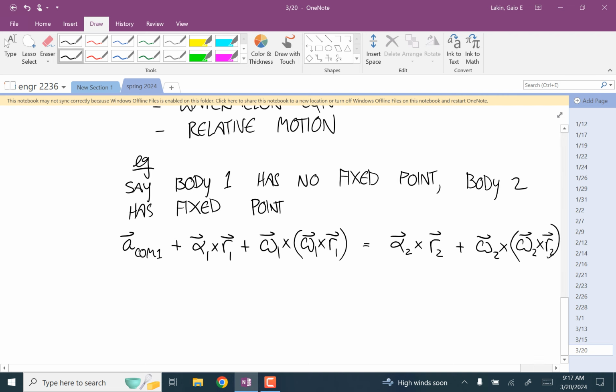Okay, so we get an equation like that. For body 1, we have to use relative motion. That's what this is. This is the acceleration of the center of mass relative to the ground. This is the acceleration of p relative to the center of mass. For the one with a fixed point, you just have to use circular motion.